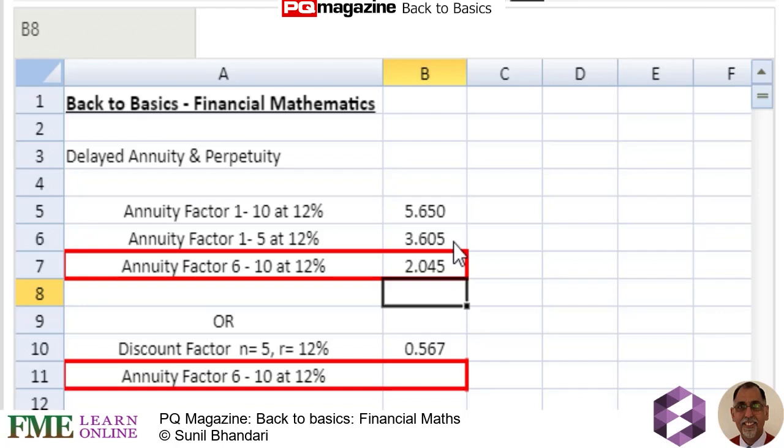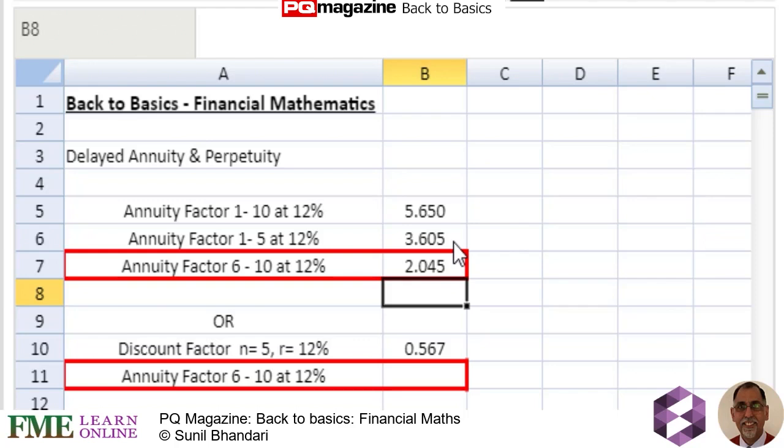Okay, what's the alternative? The alternative is going to help us with the perpetuity, especially the perpetuity with growth. And that is to take the fact that the discount period you're looking at is a 5-year period, from 6 to 10. It commences in year 6.